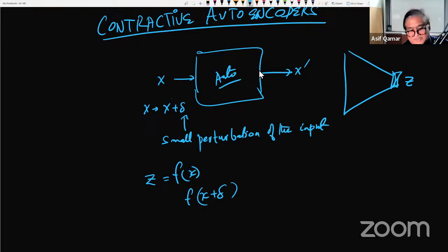So in other words, the Z prime that comes out for the perturbation should be equal to Z. It should be the same. The value shouldn't change for small perturbations. The perturbations have to be sufficiently large for it to change.